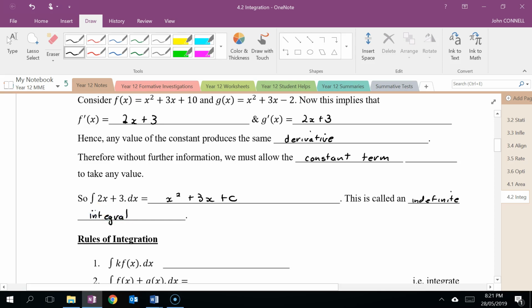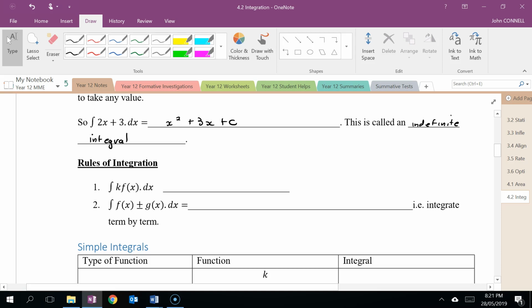Now, some key rules of integration that we've seen before: if we've got a constant out the front, that can be brought out the front, and if we've got two or more terms added, we can just split it up so we can integrate term by term, which is something we used when we were doing differentiation and turned out to be very useful.